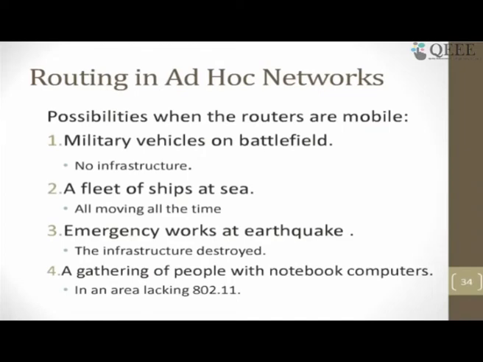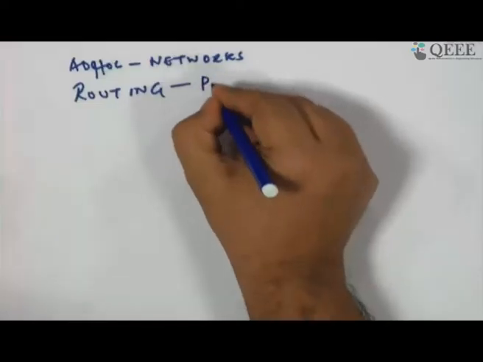There are two other classes of routing which I will do next class: one is ad hoc routing, which is important, and also routing in peer-to-peer networks, because these are a little bit different.